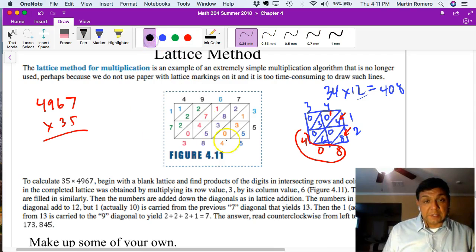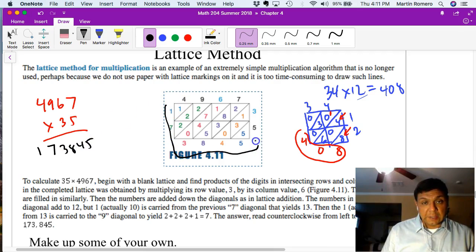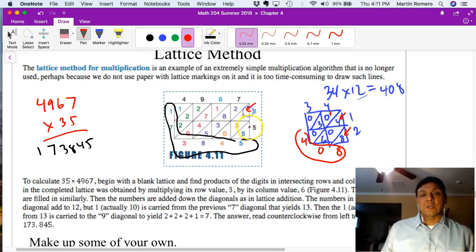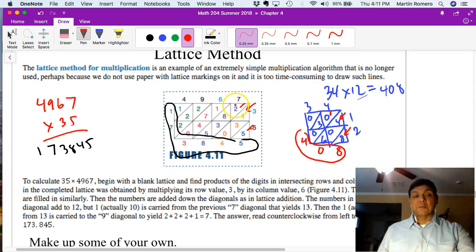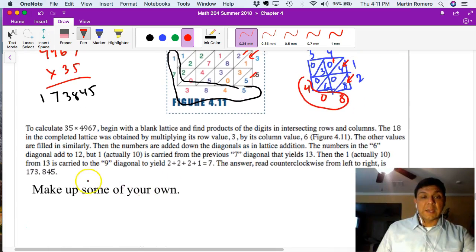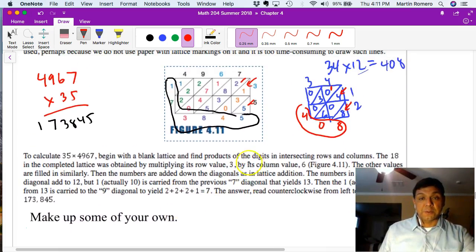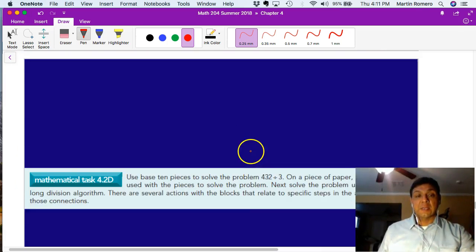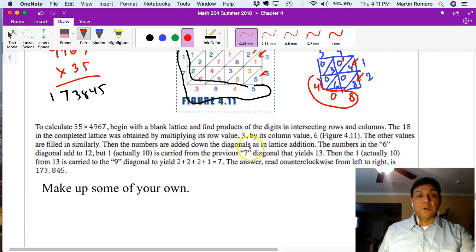And then I know this answer is 173845 because it's going to be those numbers there as we add diagonally, as you start to add in this way to get your answers. And then you can multiply using what's called the lattice method. If I were you, I would try to make up some of your own, just practice one, or just do the homework and see where those problems say lattice method. So those are algorithms for multiplication.